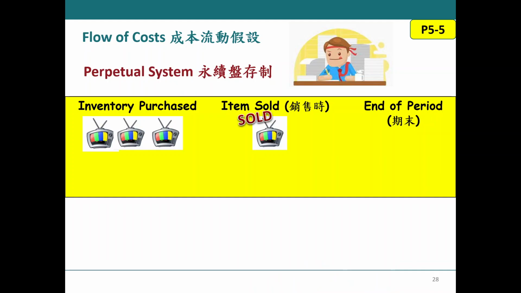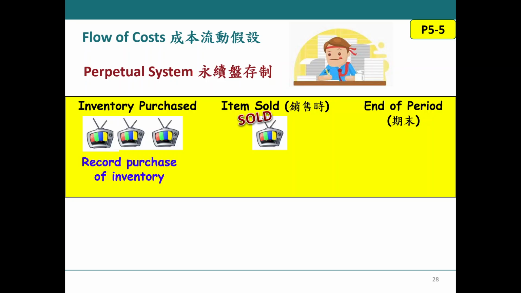The first moment is what? When we buy the inventory from suppliers, that's not a difficult job to do. So we record it for perpetual 永续盘存制 hard worker, of course, because that's an easy job.